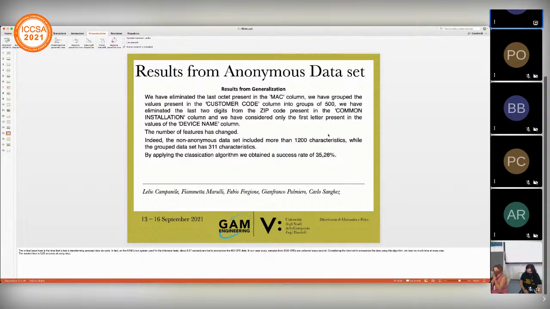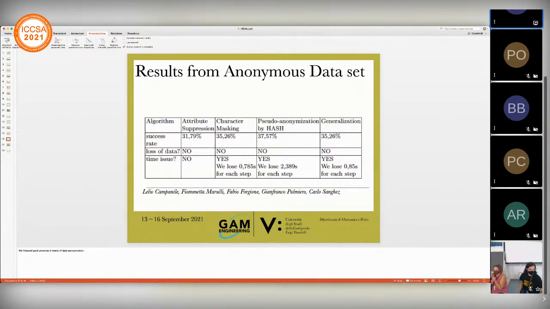Indeed, the non-anonymized dataset, I mean the raw dataset, included about 1,000 characteristics, while the final dataset had 300 characteristics. And also in this case, we had the time issue.